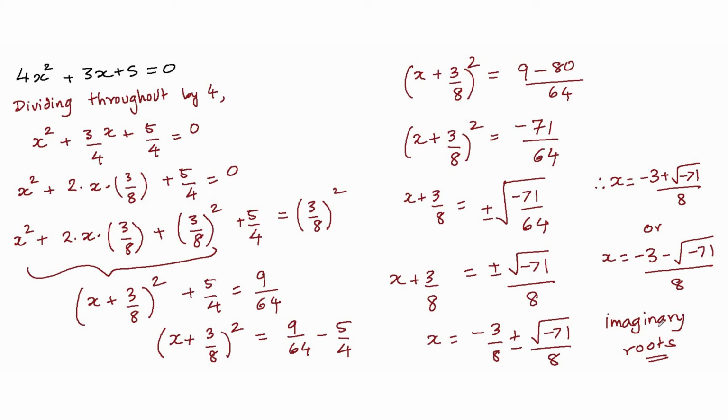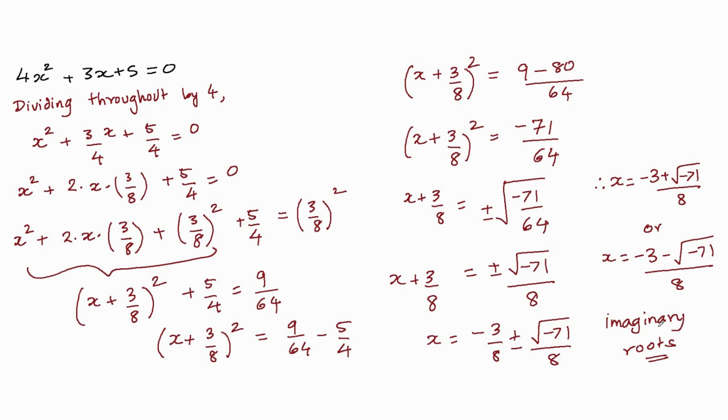So later on you will learn more things about nature of roots, like discriminant and nature of roots. And in nature of roots, one nature of root is an imaginary root. So this is an example where you actually have an imaginary root, because finding square root of negative numbers is not possible. So completing the square method can definitely help you find real roots as well as imaginary roots.